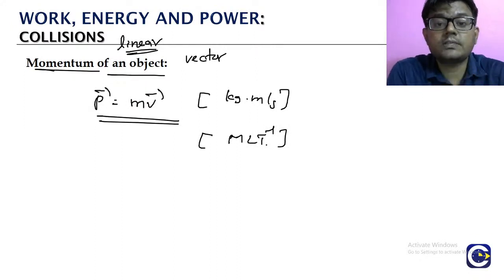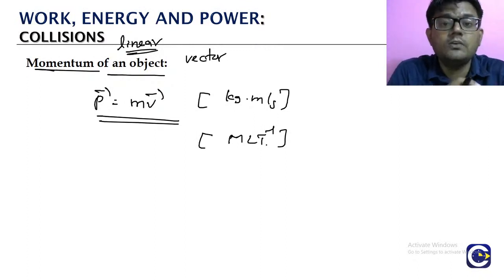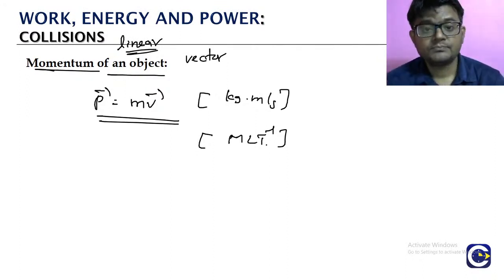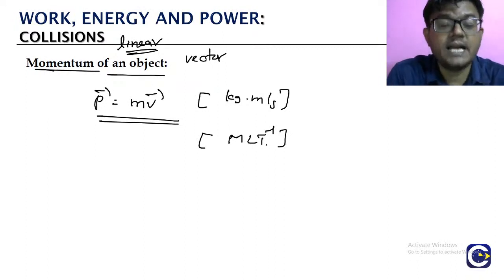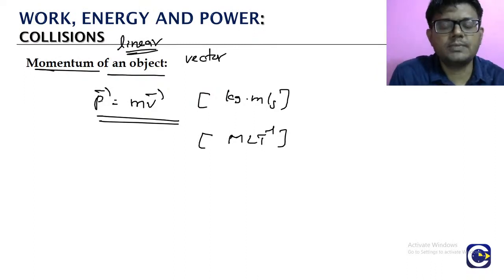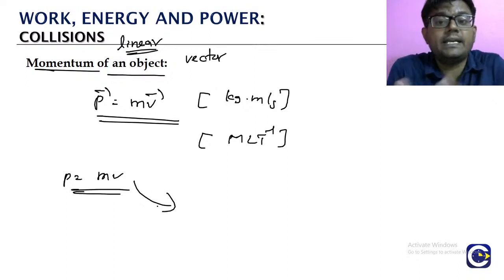Why we are focusing on momentum is because when we discuss collisions or explosion, we will be particularly focusing on the linear momentum and kinetic energy of the particles. Already we know linear momentum is mass into velocity, with magnitude mv.